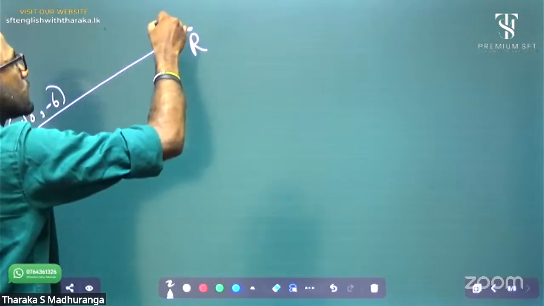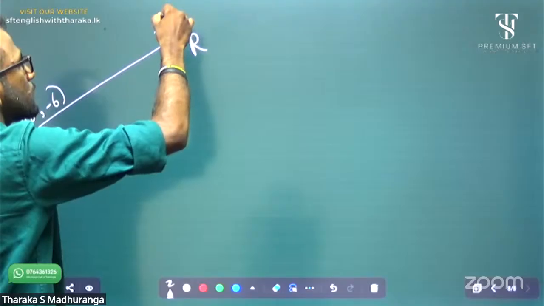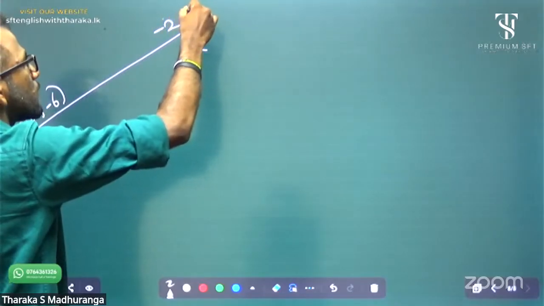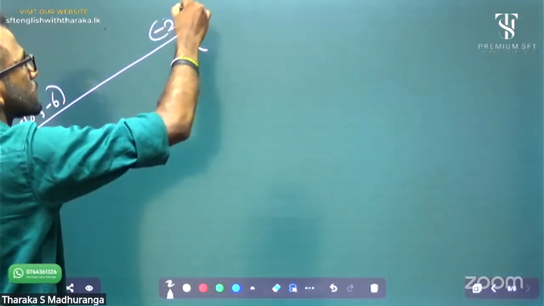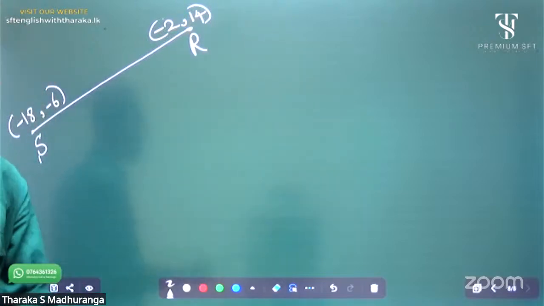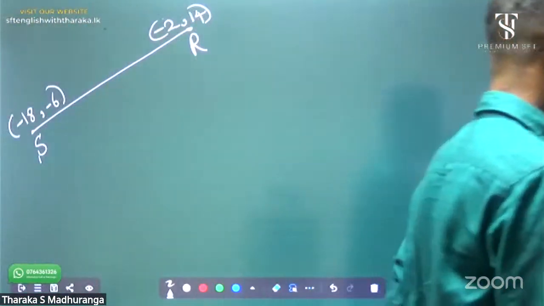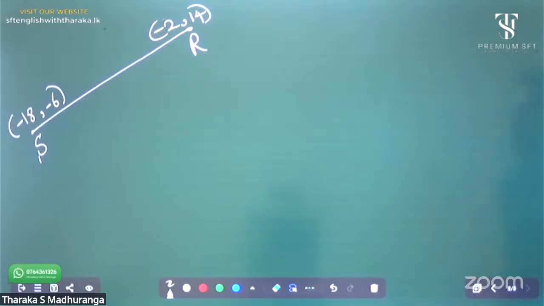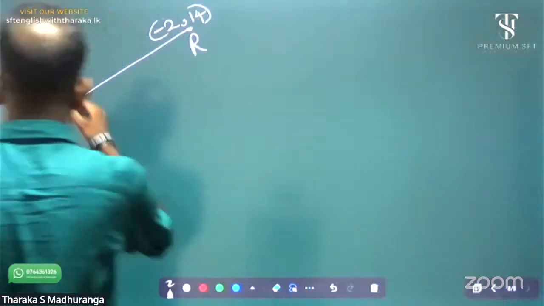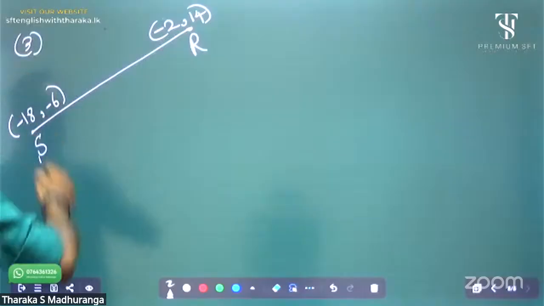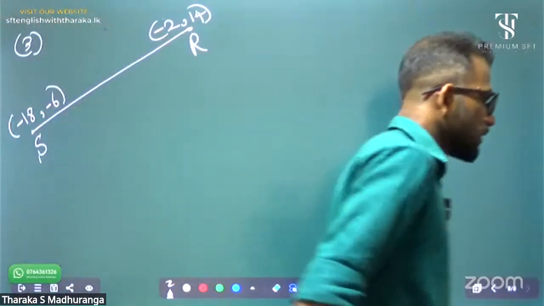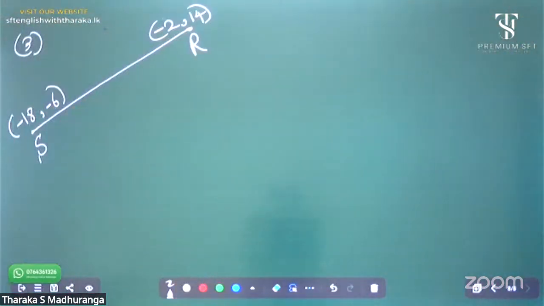R coordinates minus 2 comma 14. Okay, this is question number 3. Calculate the length between S and R, or the distance between S and R.